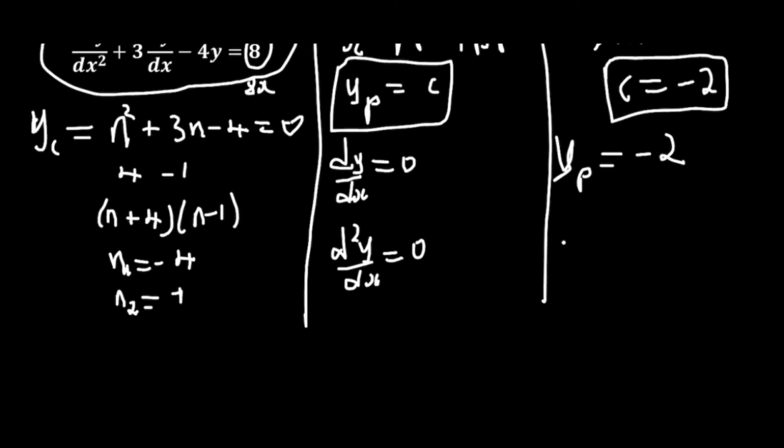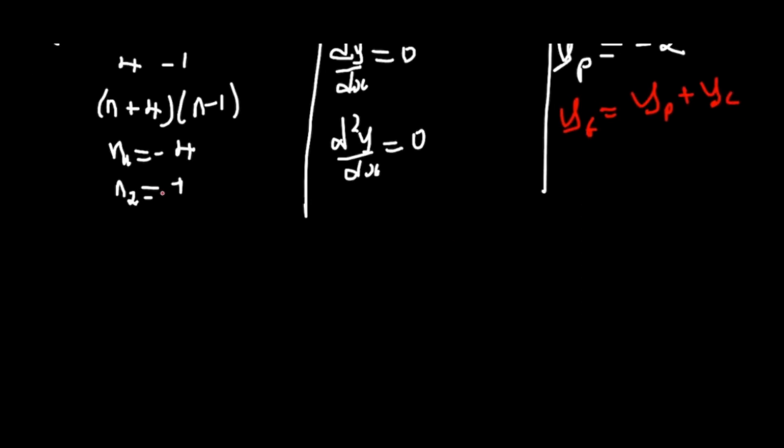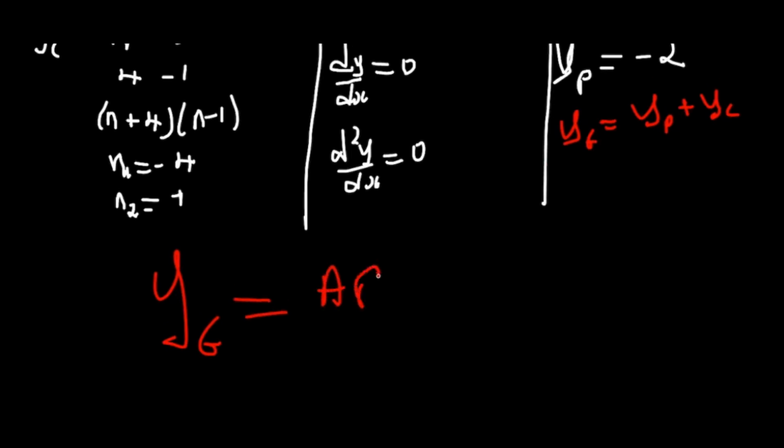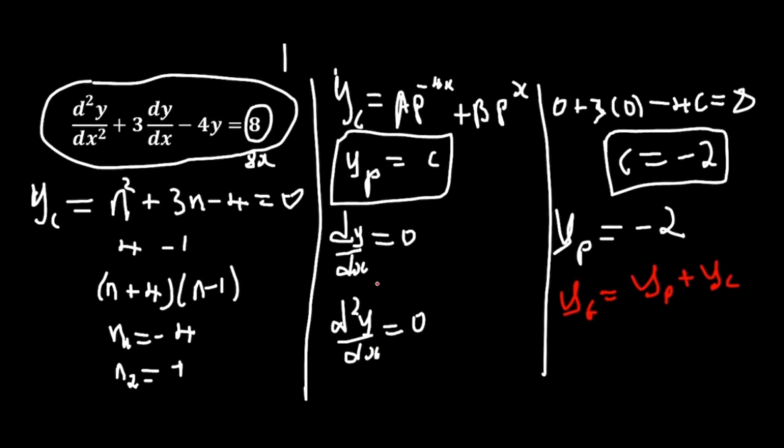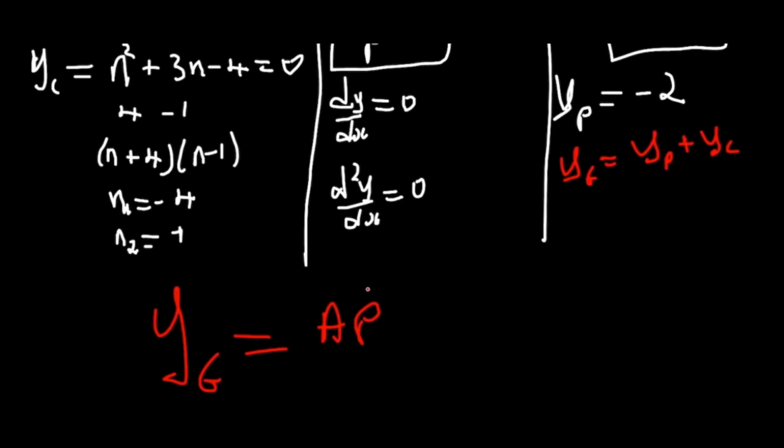To get our general solution, y general equals y particular plus y complementary, or better still y complementary plus y particular. So our general solution will simply be equal to a e to the power minus 4x plus b e to the power x minus 2.